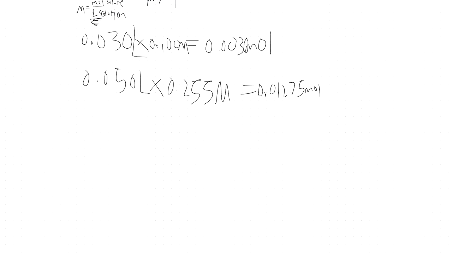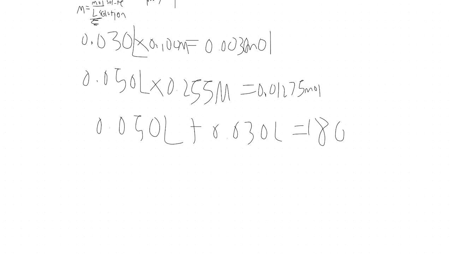And so we have those, and just like I said, to find the concentration, we would just add the two volumes because we mixed the two solutions. When we mix them together, the volumes are additive. So that would just be 0.050 liters plus 0.030 liters equals 0.080 liters, right?